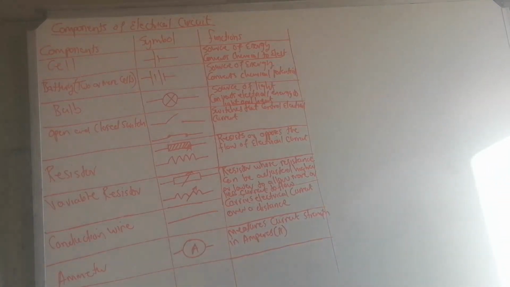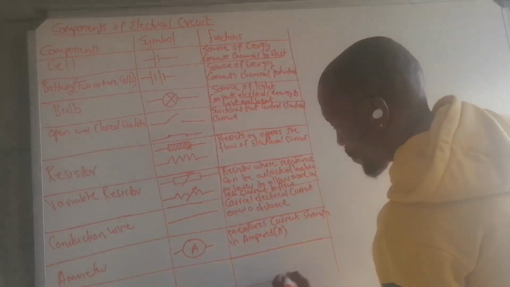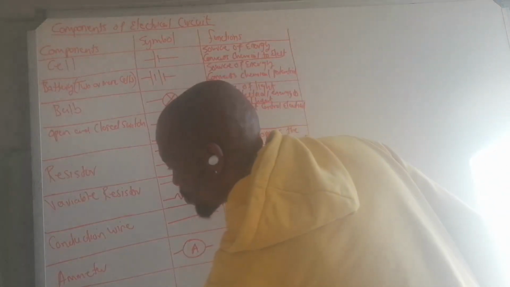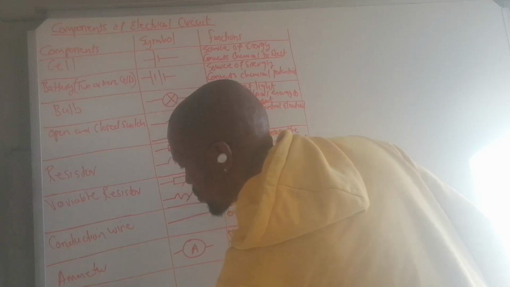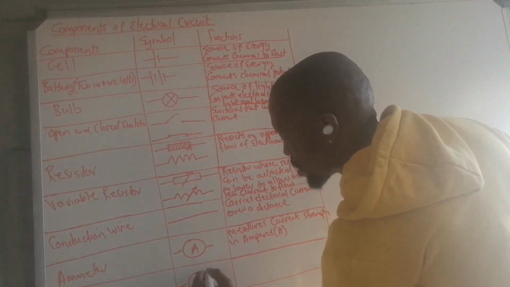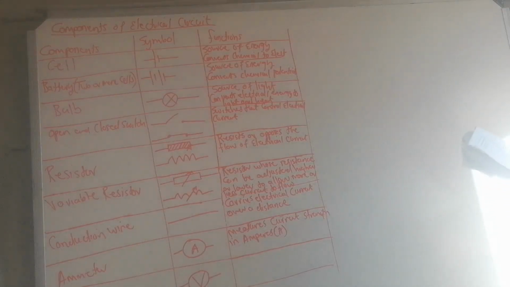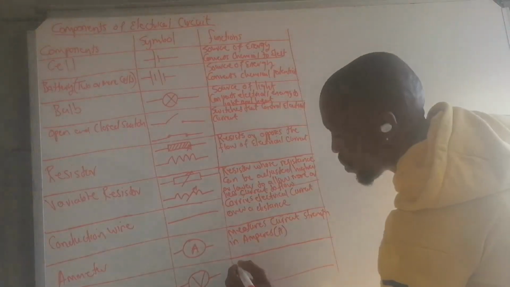All right, and then a voltmeter. This is your capital V, and it measures the potential difference in volts.